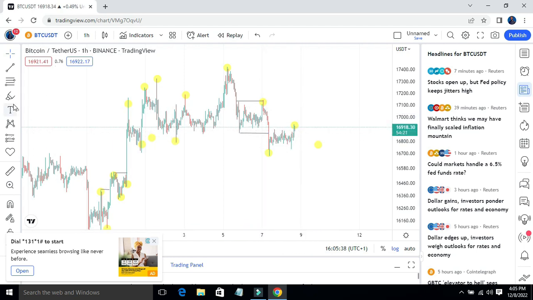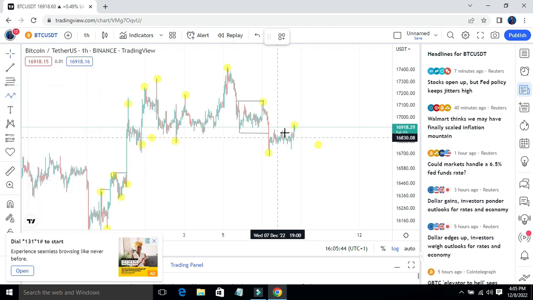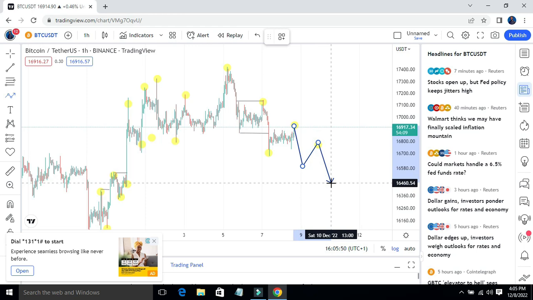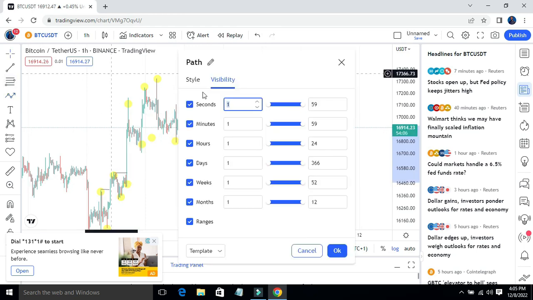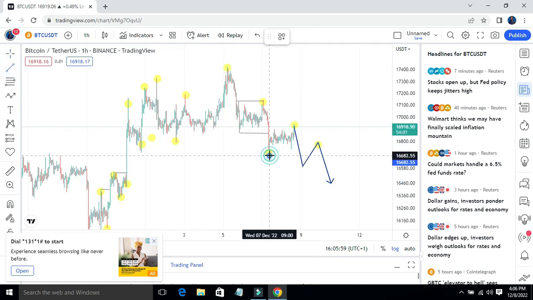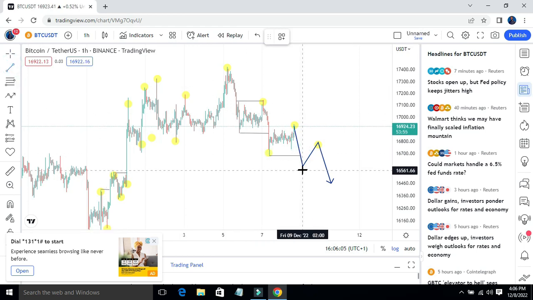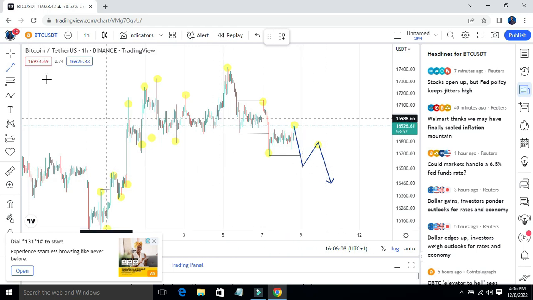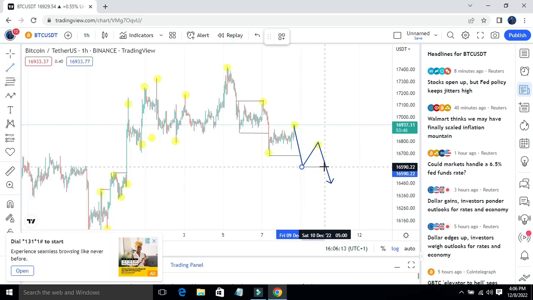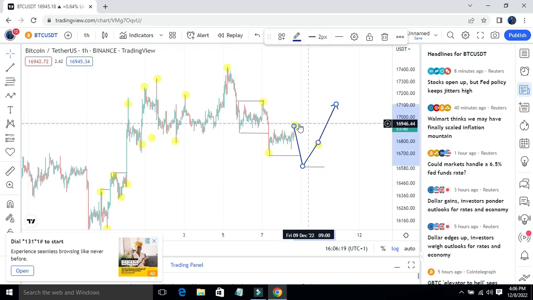So if we go like this now, here becomes another break of structure, and here becomes another break of structure.